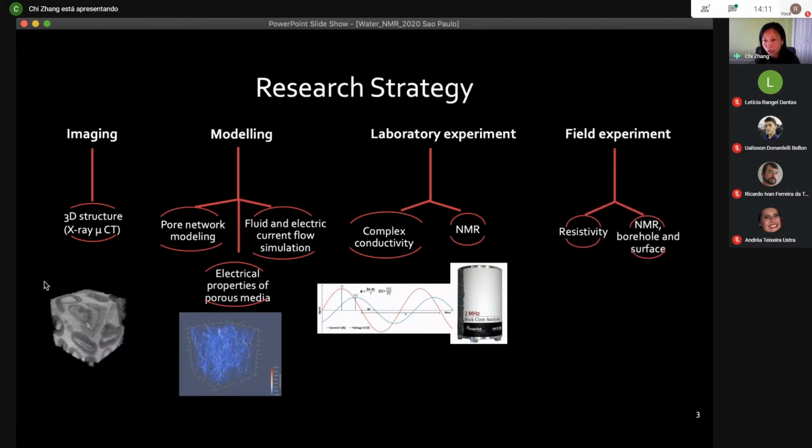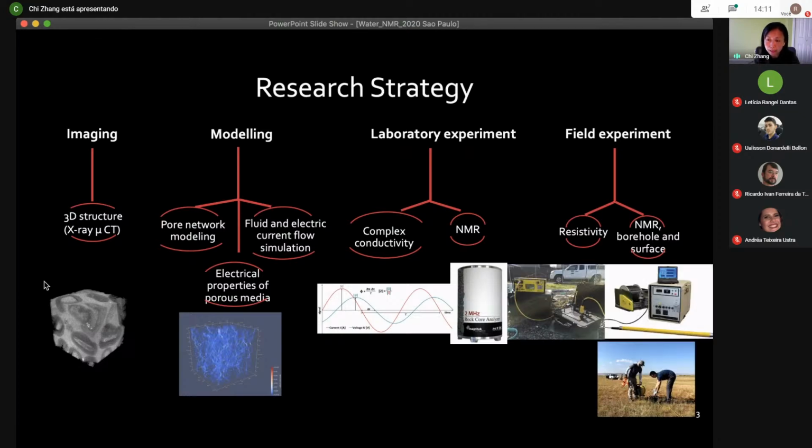We're trying to extend the observation we get from the lab scale to the field scale to better understand the large scale phenomena and processes. So in the field, we're basically using resistivity based tools, geoelectric based tools, as well as the NMR tools. The NMR tools we use in the field have both the borehole tools as well as the surface tools.